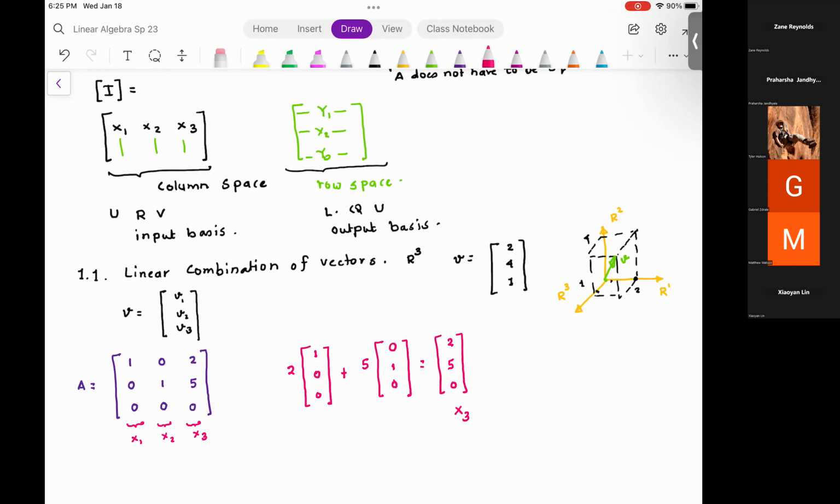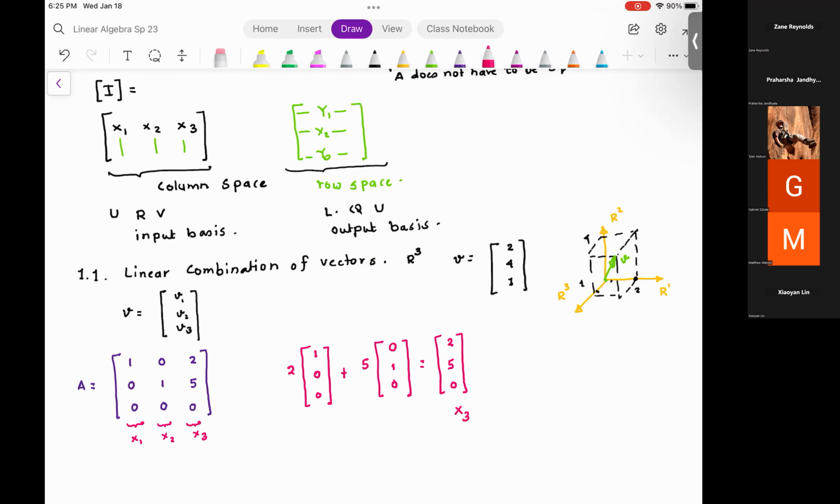Now let's try to visualize what this means in the space that we have seen as R3. This is again my R1, R2, and R3, so think of the x coordinate, y coordinate, z coordinate. In x, I have this 1. This is my first vector, which I'm going to call x1.